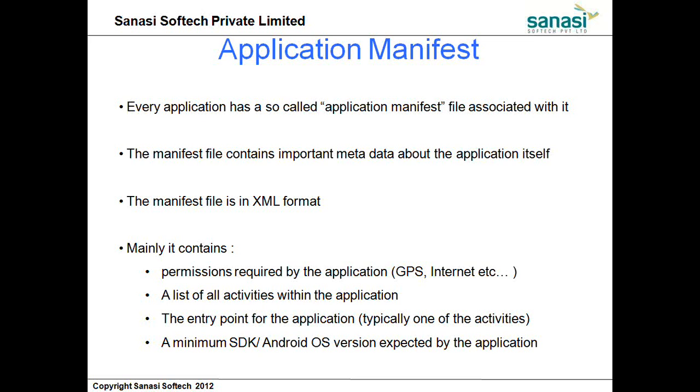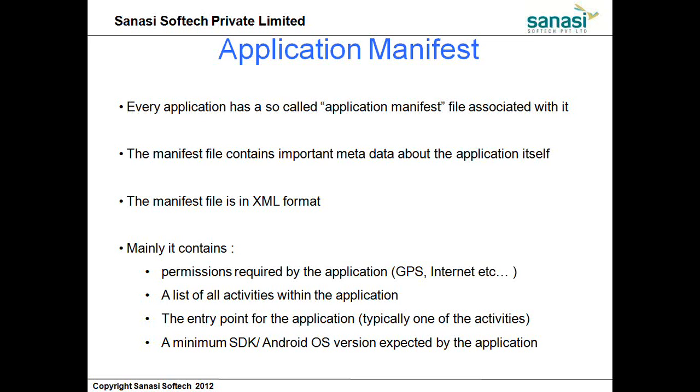Think of the file system of an operating system, which describes the layout of the file system and contains paths to the files and directories. On the same lines, you can think of an application manifest as a file that describes every detail of your application to the Android operating system.